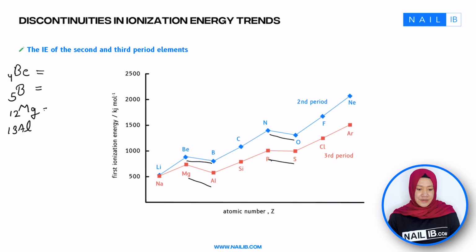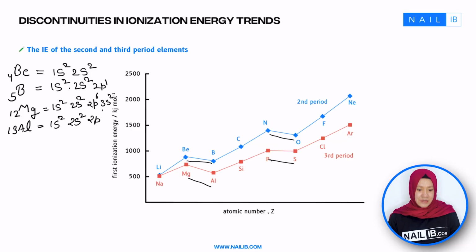So the electron configuration: this one 1s2, 2s2, this one 1s2, 2s2, 2p1. 1s2, 2s2, 2p6, 3s2, and this one 1s2, 2s2, 2p6, 3s2, 3p1. And for nitrogen with the electron number of 7, oxygen is 8. So 1s2, 2s2, 2p3, and this one 1s2, 2s2, 2p4.